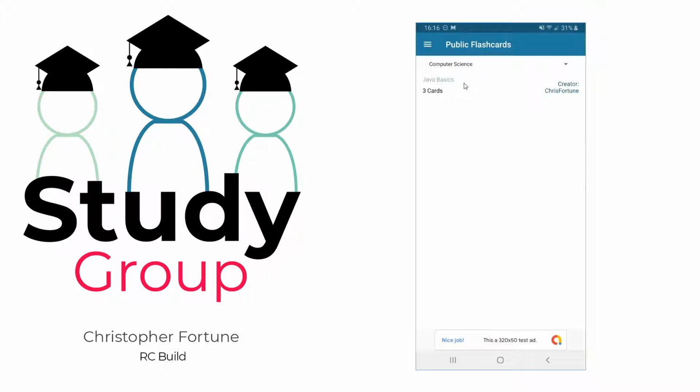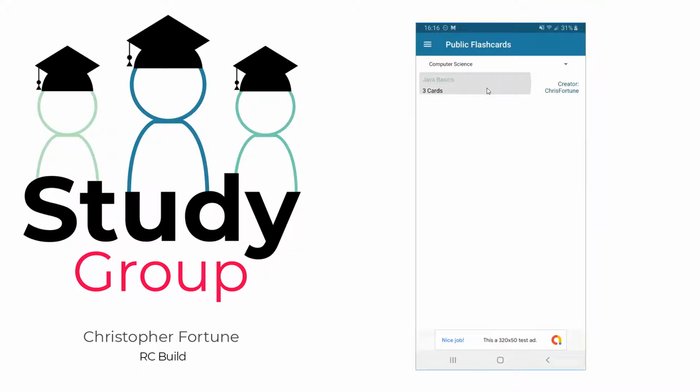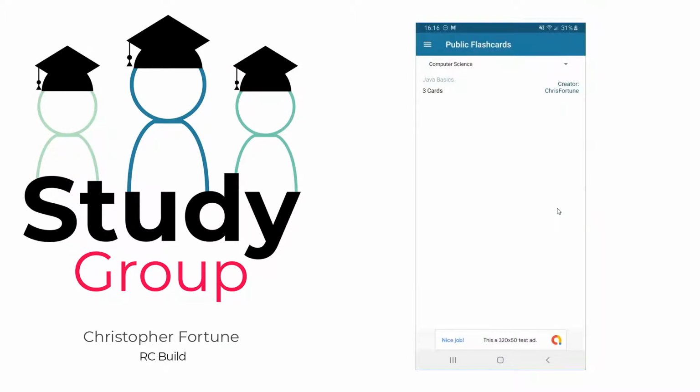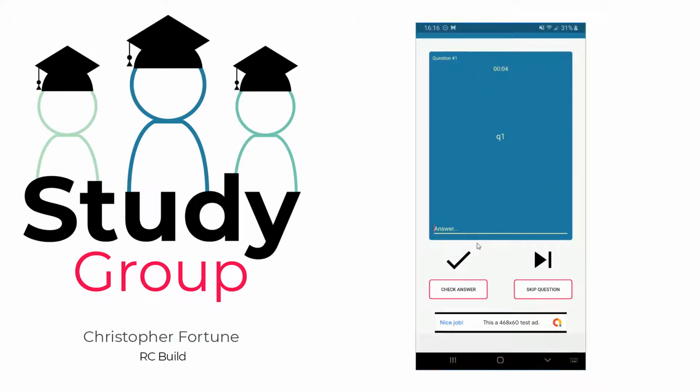If the user taps on that, they are greeted with an alert dialog that asks them if they want to take the test. If they cancel, it'll just dismiss this alert dialog. If they want to take the test, they click take test, and this will allow the user to take that public flashcard test.